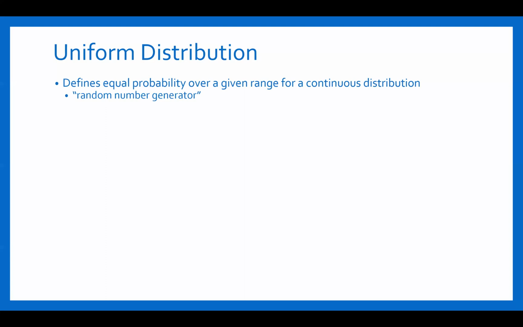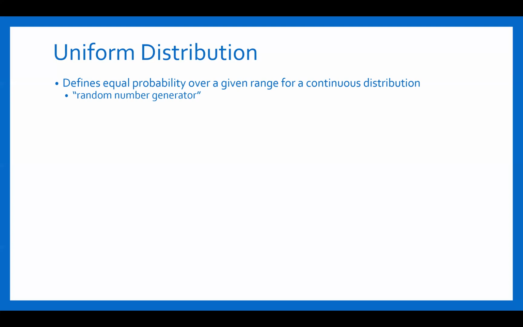A uniform distribution defines equal probability over a given range for a continuous distribution. Think about a random number generator. Every number 0 to 9 has the equal probability of being selected.